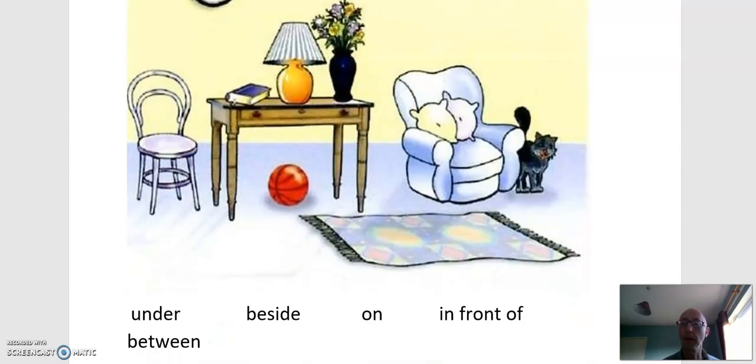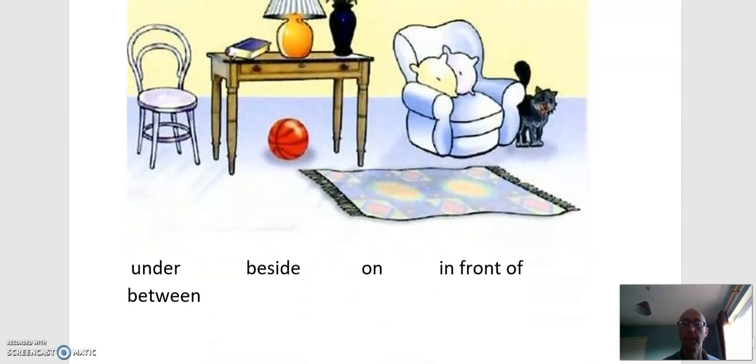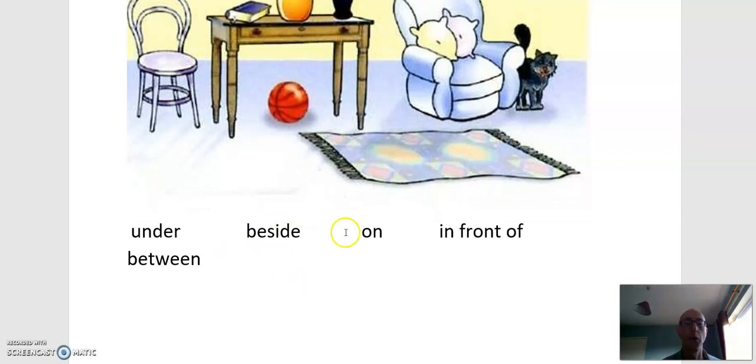Okay, let's do some practice. We want to use these prepositions to talk about this picture.